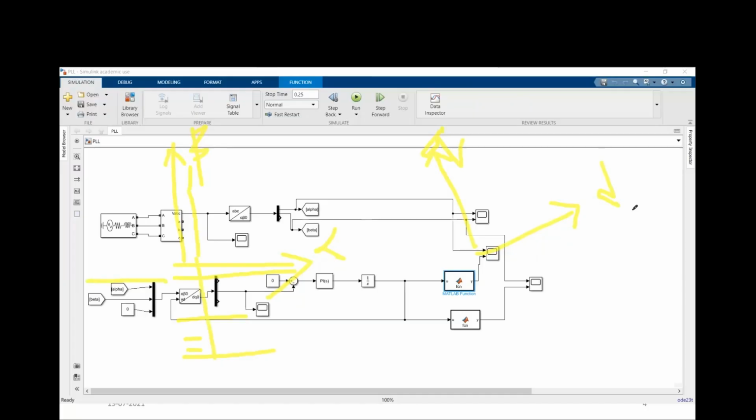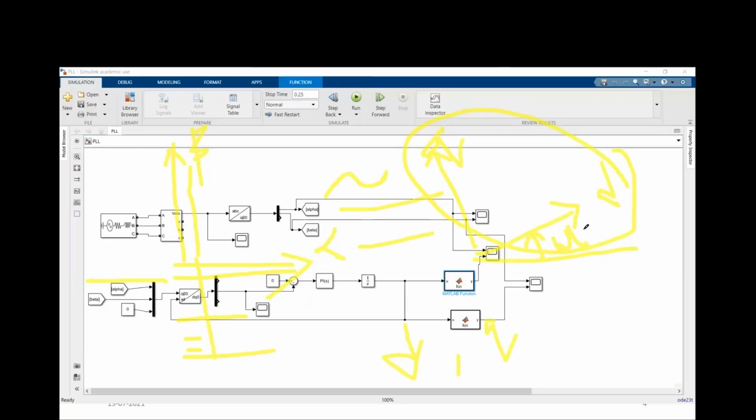But what happens in DQ conversion? In DQ conversion, the D magnitude and Q magnitude are not going to change. That means the D and Q terms will be constant. Then what about the time-varying quantity? They are going to move with respect to time.